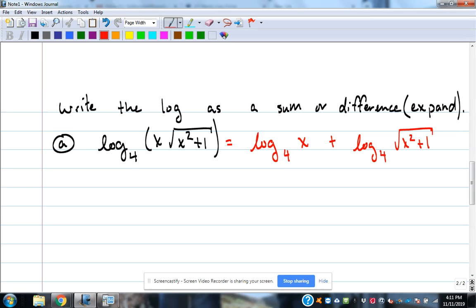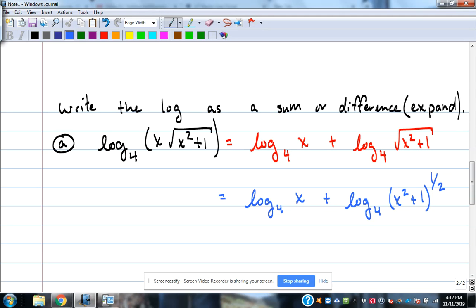But this one has that square root on it. And what you've got to remember here is that square roots are the same thing as exponents. The square root of x squared plus 1 can be written as that to the 1/2 power.